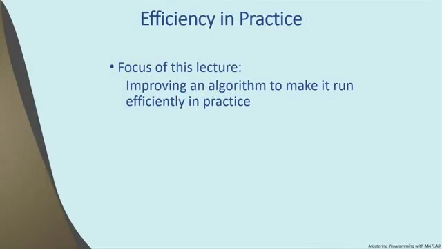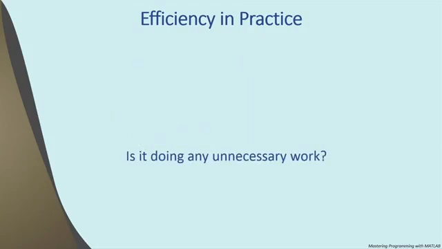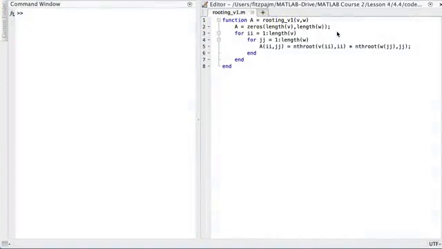So how do you improve an algorithm? Well, you start by asking this simple question: is it doing any unnecessary work? Here's an example to illustrate the point. It's called rooting v1 because it finds roots of numbers and because it's version 1 of our algorithm. The function takes 2 vectors of the same length and creates a matrix A as output.